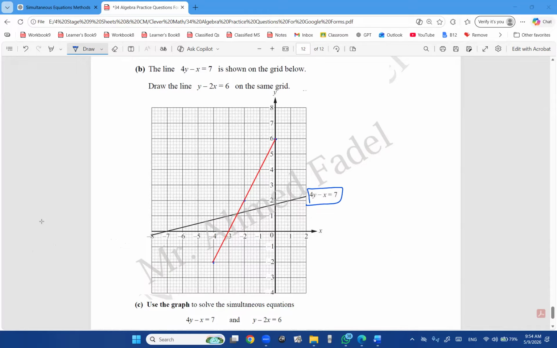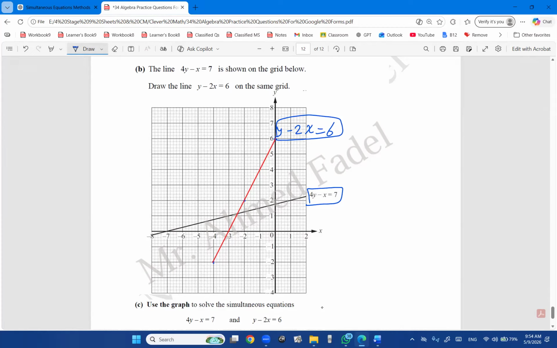The line that we've just drew right now is actually which line? You're going to find that it is the line y minus 2x equals 6. So now I have two lines with two different equations. They want you to use the graph to solve the simultaneous equations.